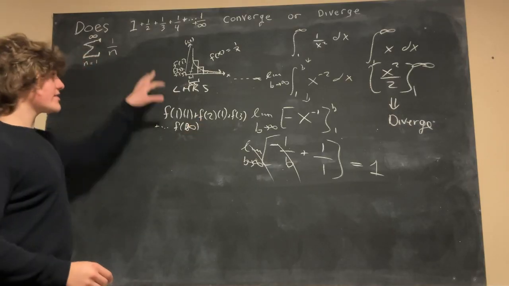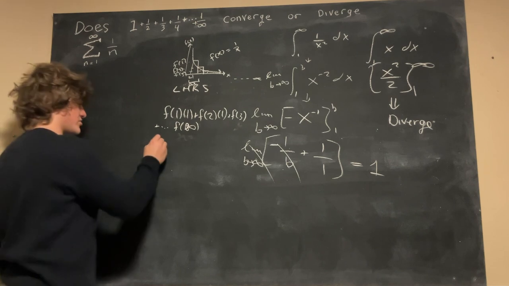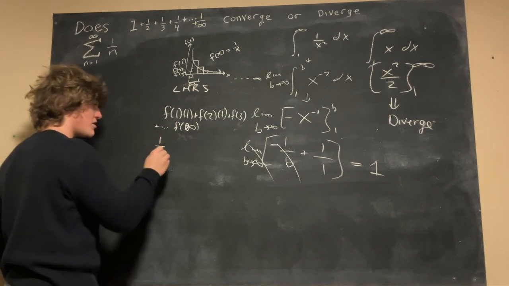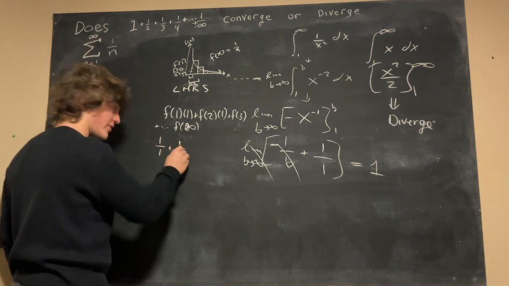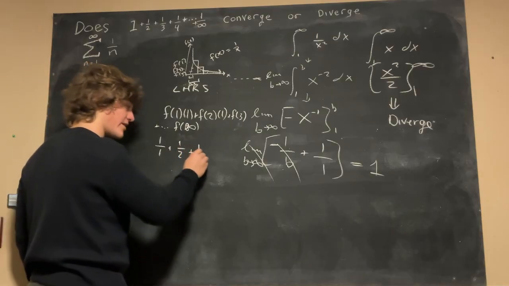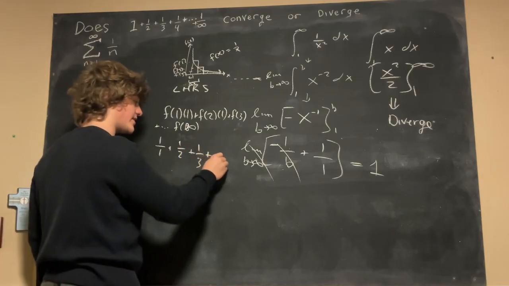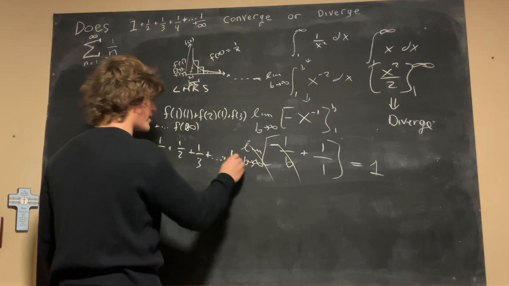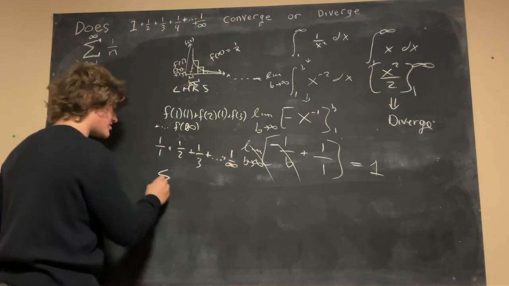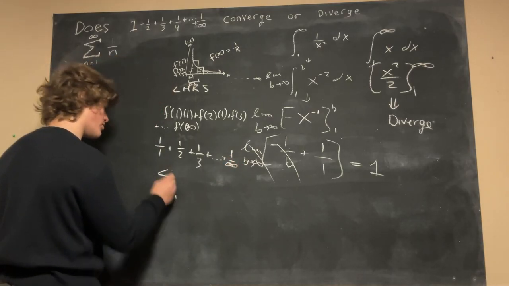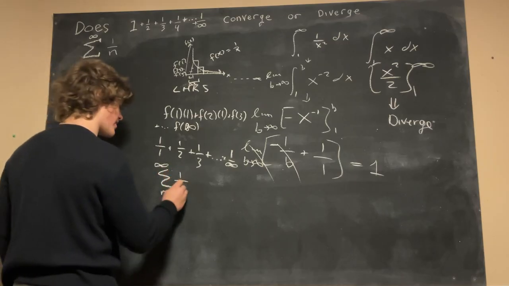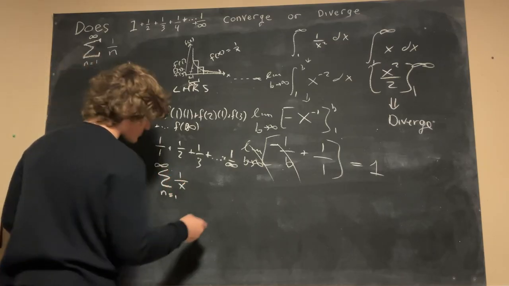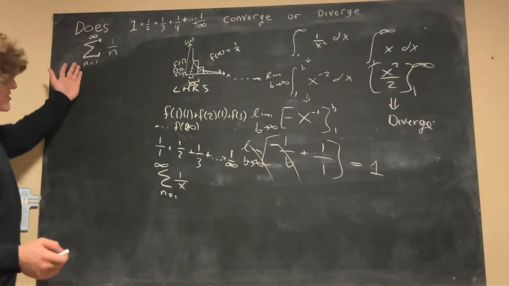Now let's look at this with the function 1 over x. This is 1 divided by 1 plus 1 divided by 2 plus 1 divided by 3 plus dot dot dot plus 1 divided by infinity. So this is the sum, starting at 1, of 1 divided by x, and that is awfully similar to what we're trying to find.